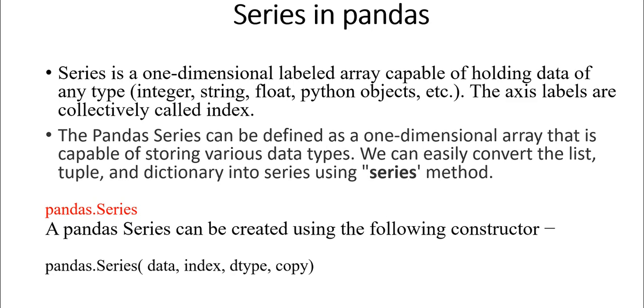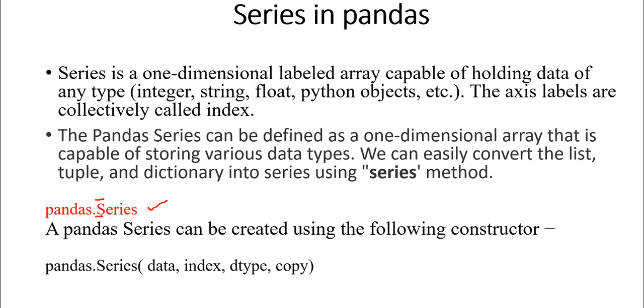If you want to create a series object, you can take a list, tuple, or dictionary, and it can easily be converted into a series object with the help of the Series method, which is available in pandas.Series. You have to write Series with a capital S.